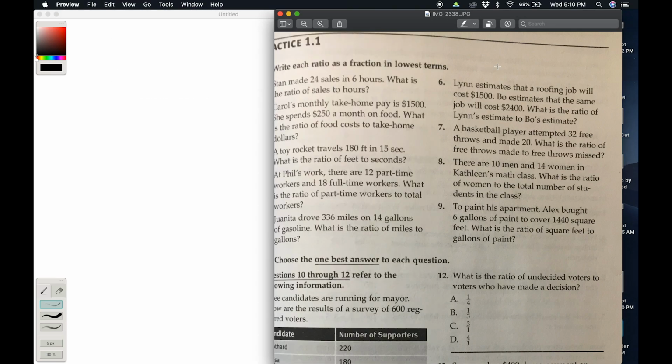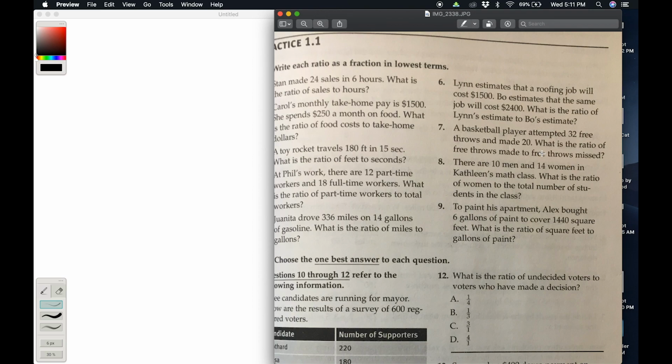Okay. A basketball player attempted 32 free throws and made 20. What is the ratio of free throws made to free throws missed?